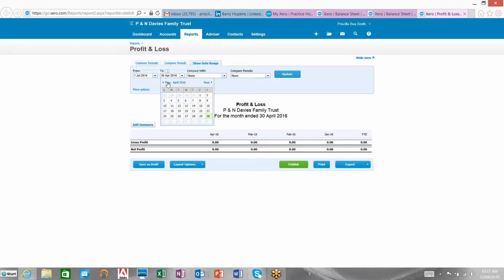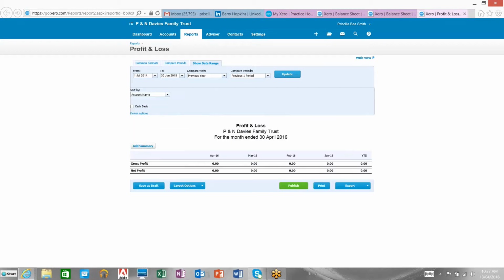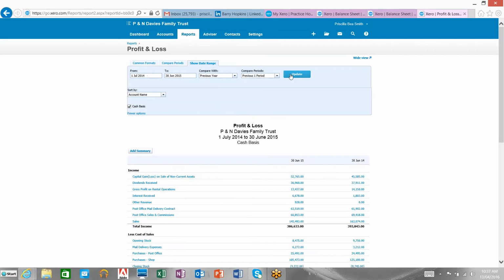They've got shortcuts to find the date in Xero, but I never accomplished them yet, so I just do the normal ways. And don't forget, let's do cash basis and update this. This is going to bring us the same way we've been.